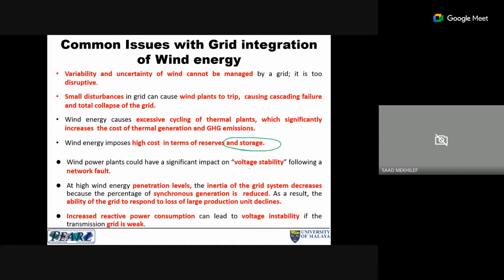Impacts on voltage stability and also the network as a whole. That's why, just now, we mentioned one question on the faults. So we need to consider the wind turbines as part of this. At high wind energy penetration levels, the inertia of the grid system decreases, especially with the full converter wind turbines.